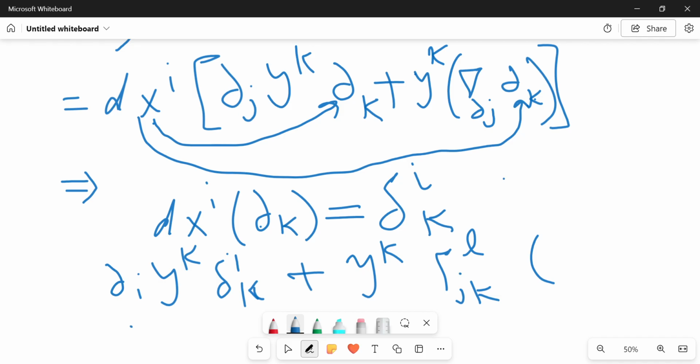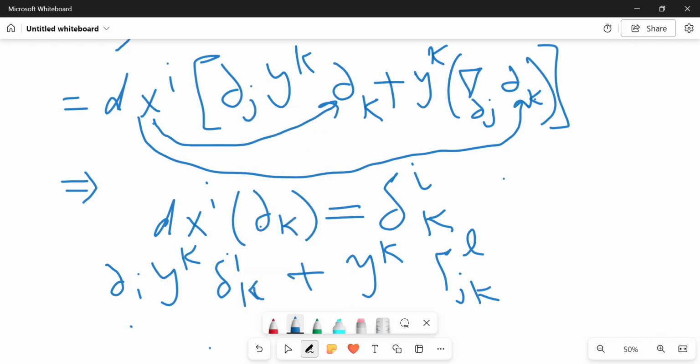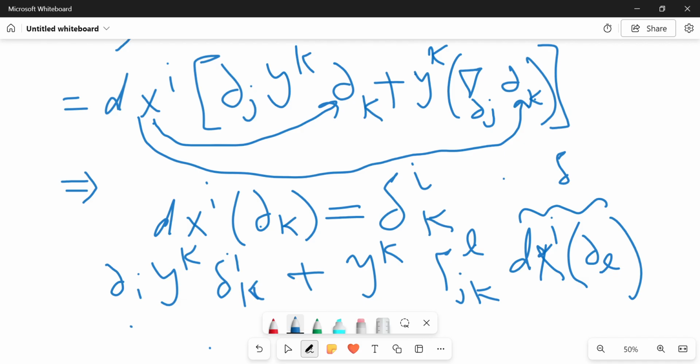By this one, multiplied by, let's bring the dxi, and we said this is L, so we have dl, and these two, what will they give me? dxi dl should also give Kronecker delta il.